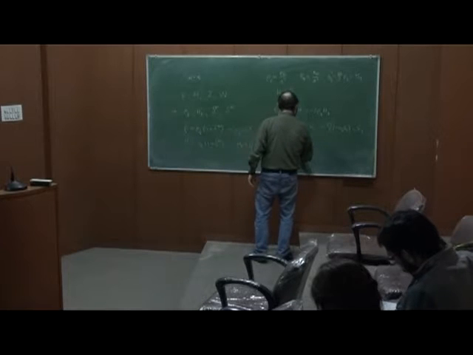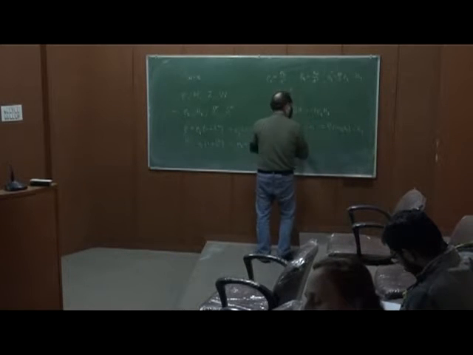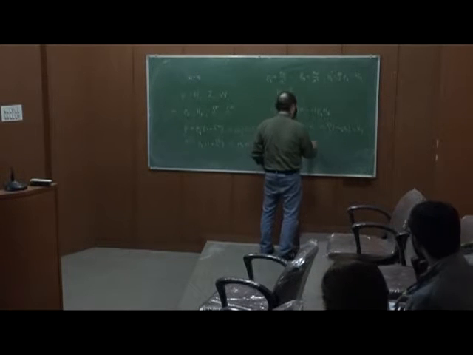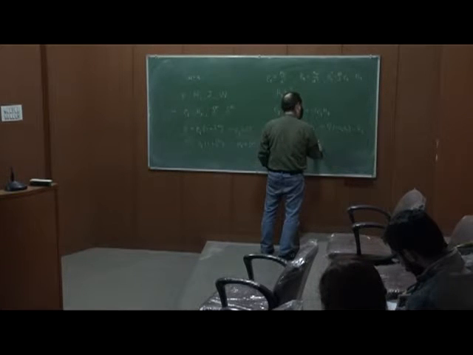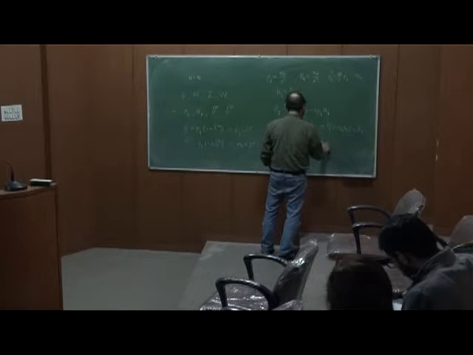So this thing then becomes equal to, here I can cancel the 3's, minus 8 pi rho q hq, right?